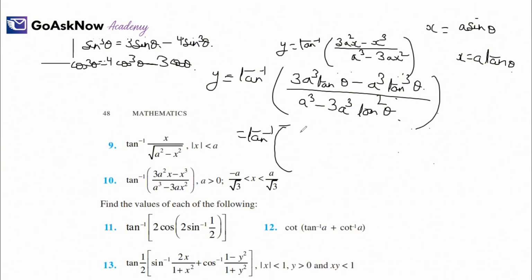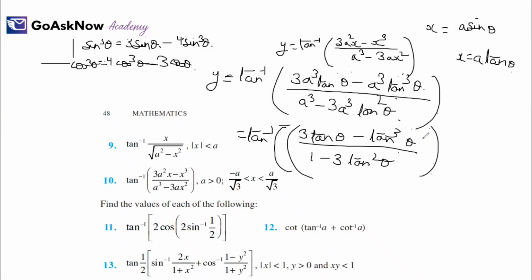It will come as 3 tan theta minus tan cube theta upon 1 minus 3 tan square theta. Inside this is what? This is your only tan 3 theta. So it will become tan inverse tan 3 theta. Tan and tan inverse will cancel out. It will give you 3 theta.